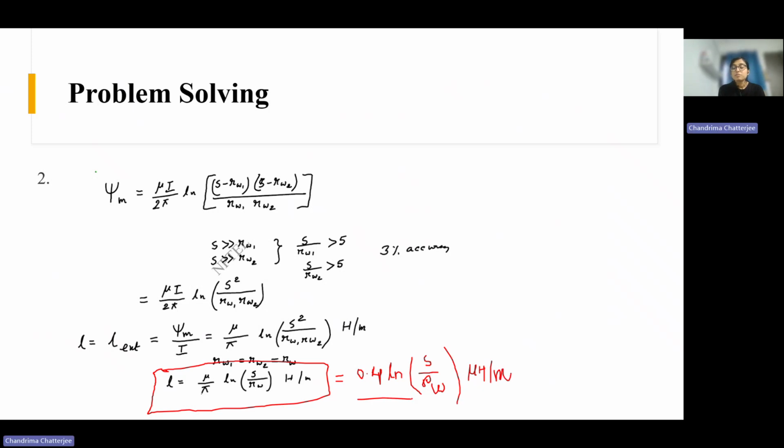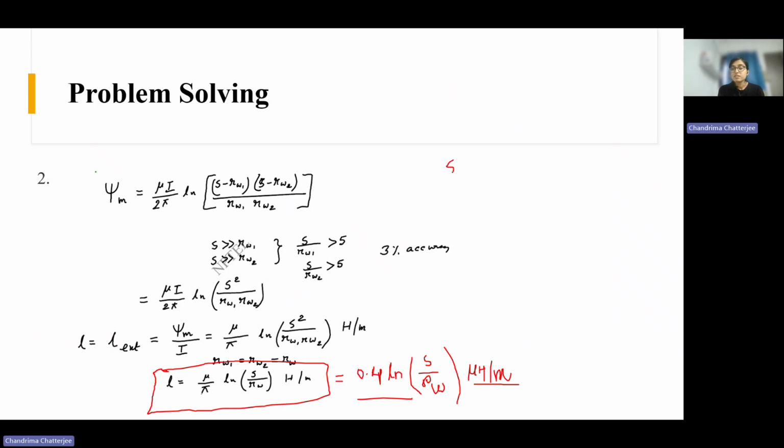microhenry per meter. This is just a more simplified version of this because we are assuming mu is mu naught. Mu naught value is 4 pi times 10 power minus 7. So pi and pi get cancelled. This becomes 4 multiplied by 10 power minus 7. And as we are representing in microhenry, this is 0.4 ln S by Rw.